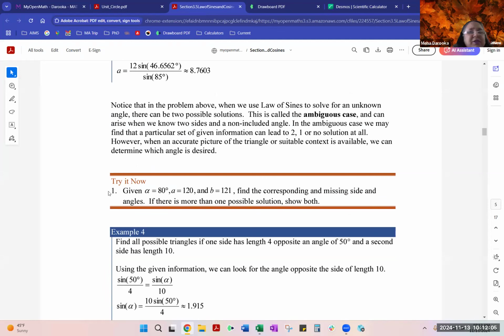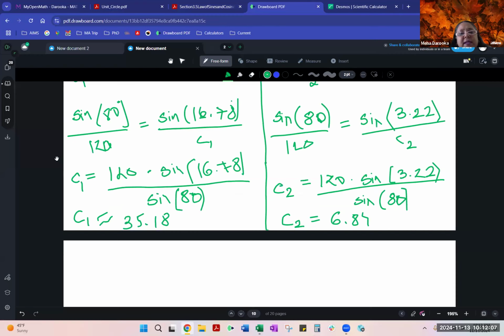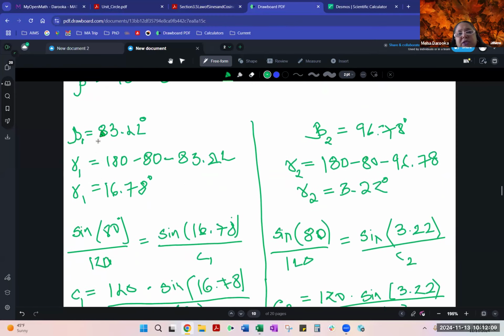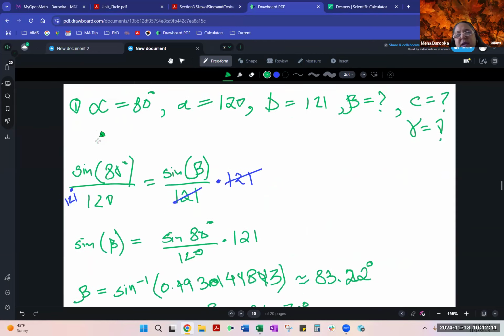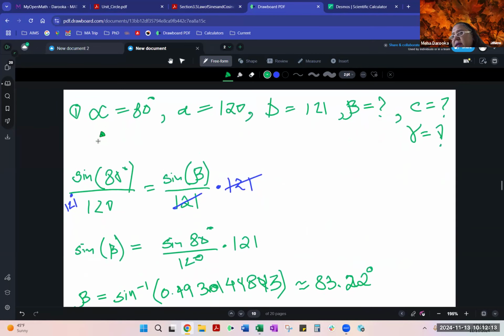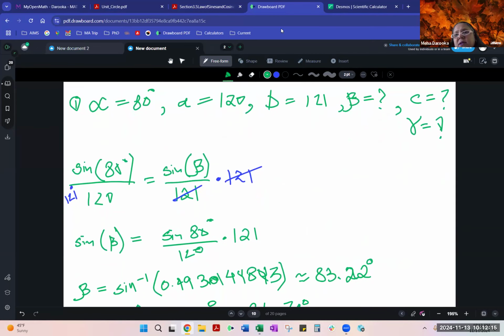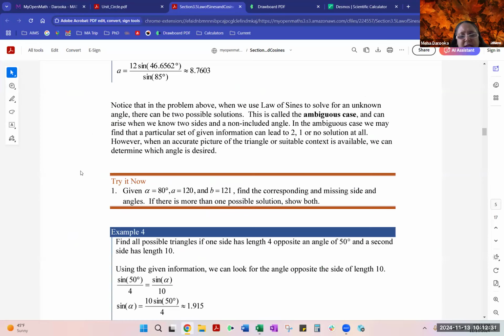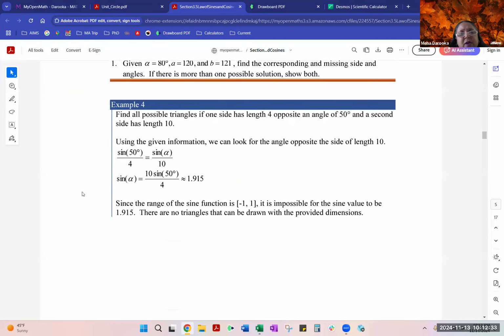So before we move on to example 4, did anybody have questions on this try it now example here? Anyone who was not able to come up with the answers? Okay. Alrighty, guys, if you do not have any questions, let's get back here.